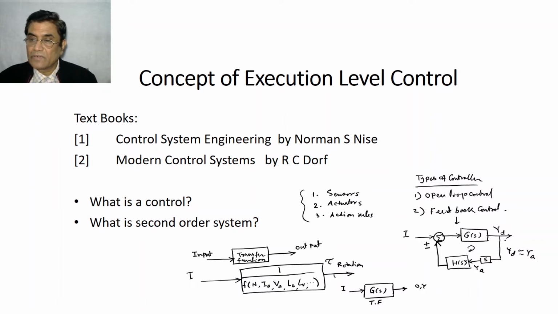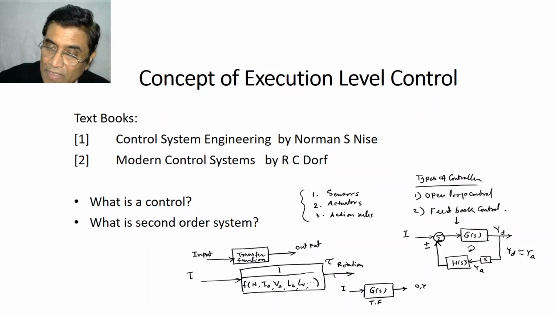Why is it called feedback control? Because I am taking feedback. I don't just believe what the output is, whether it is matching with the desired output or not. So I will take feedback with the help of a sensor.